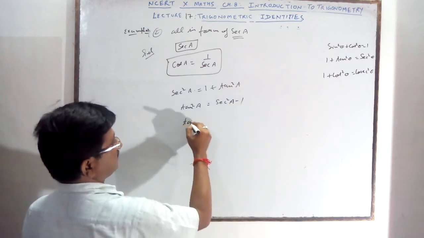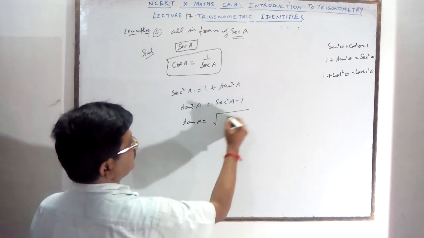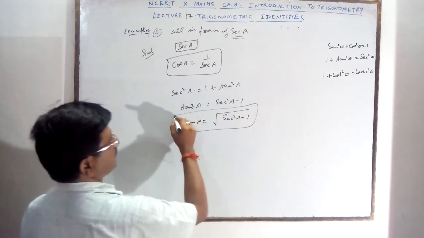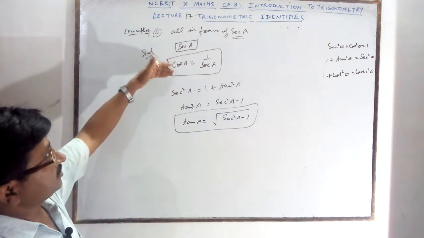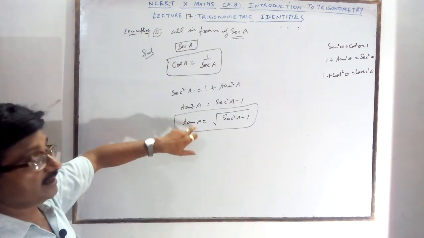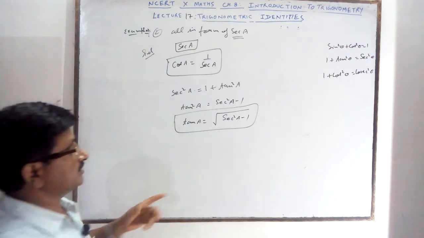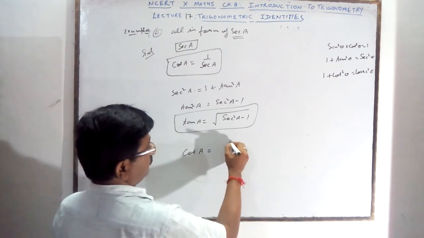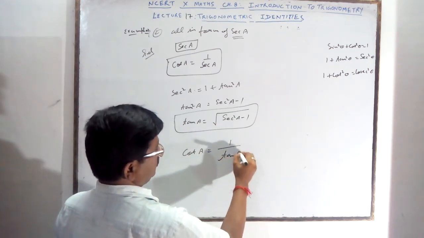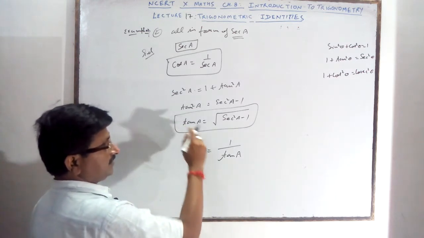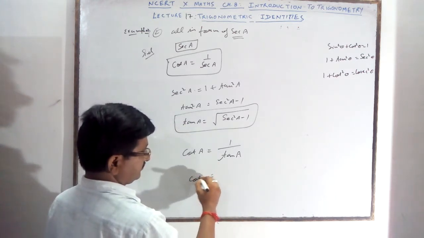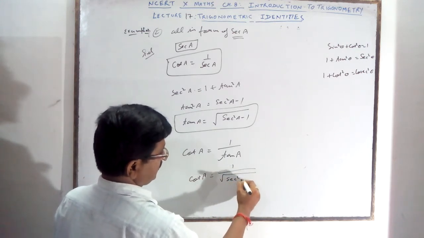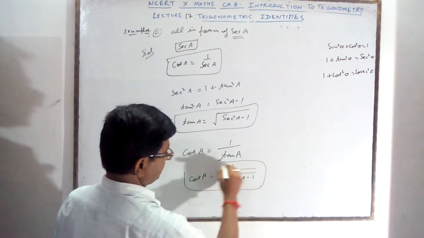So what is tan A? Square root of sec square A minus 1. Tan is related to cot, it is the reciprocal. So cot A is equal to 1 upon tan A, that we know. At the place of tan A you write this: cot A is equal to 1 upon under root sec square A minus 1.